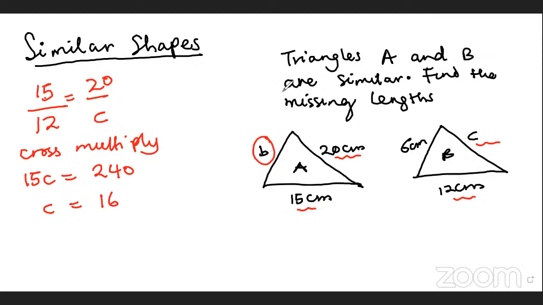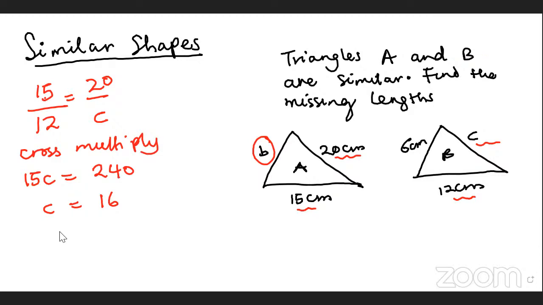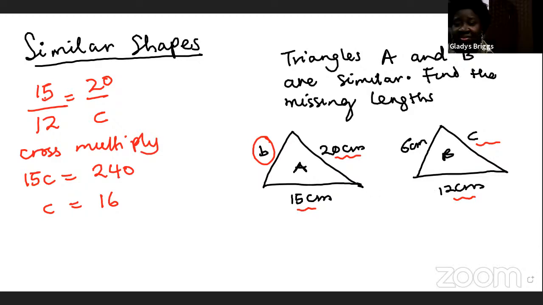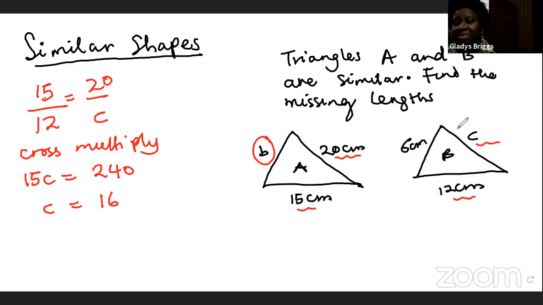Similar shape, not similar length. Okay. Do you understand now? Yes, I thought similar length. Oh, okay. So we got our C to be equal to 16.